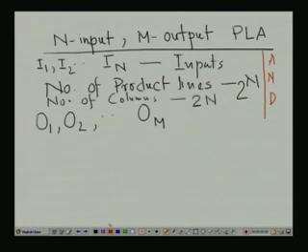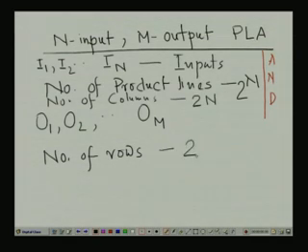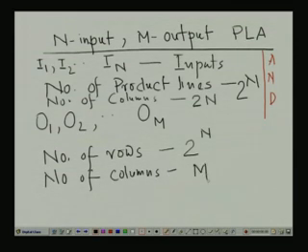Now, for the OR plane, if there are m number of outputs, in the OR plane the number of rows are 2 to the power n, the product lines, and the number of columns is the number of output functions, that is m. So, these are my OR plane specification.